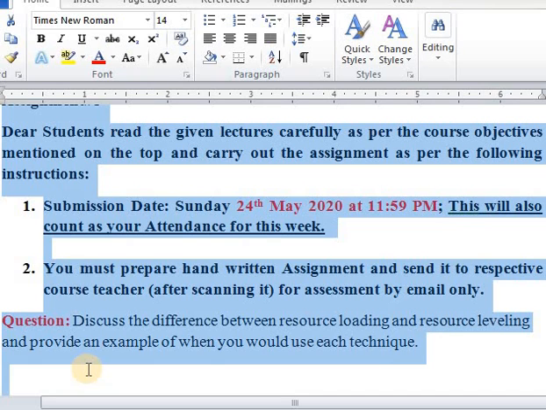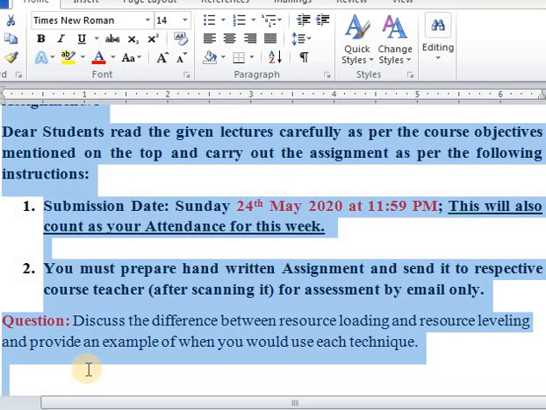So now we will discuss the assignment which you have to submit on Sunday 24th May before 11:59 p.m. In this particular task, you have to discuss the difference between resource loading and resource leveling, and you have to provide an example of when you would use each technique.